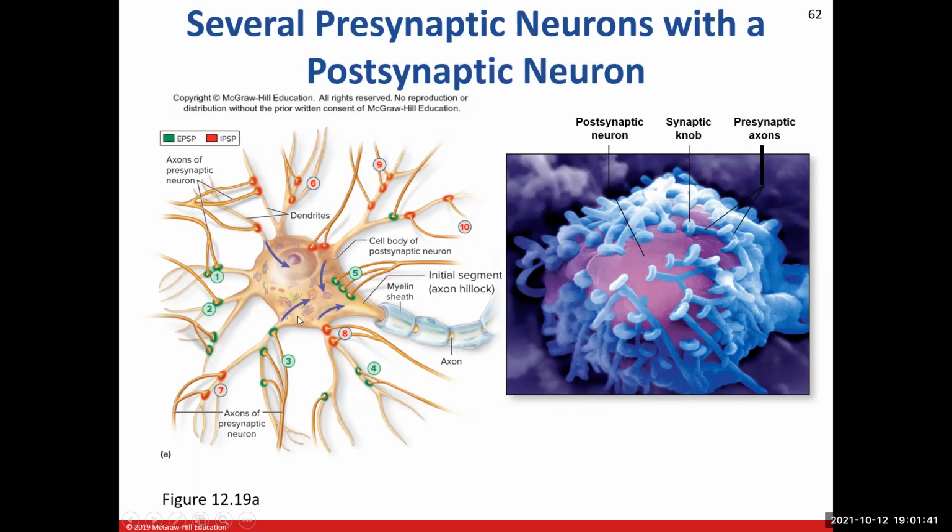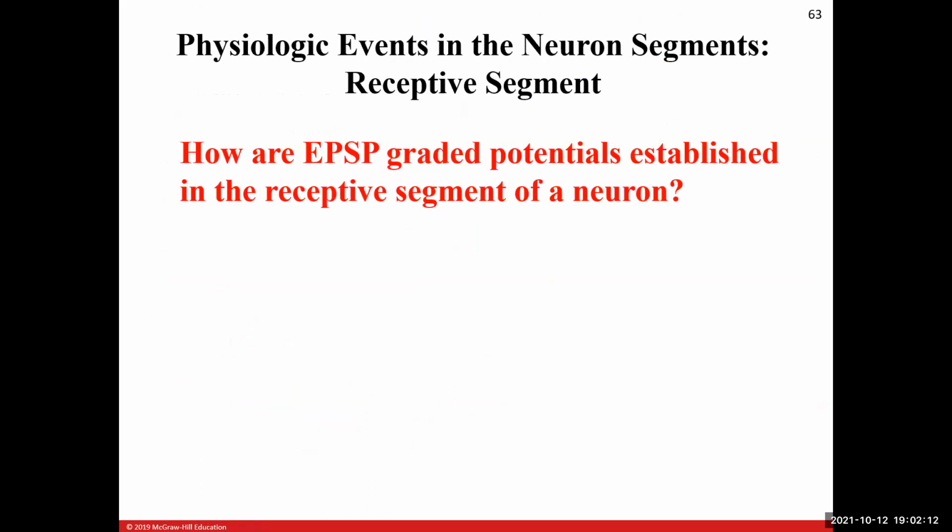But again, all the graded potentials, whether it's an EPSP or an IPSP, are going to move towards the initial segment. This is where we're going to add everything up. So all these people are gambling at the casino, but when it's time to cash out, you've got to come here, and we're going to see if you have enough to generate an action potential. Enough what? Well, we're going to find out in a moment.